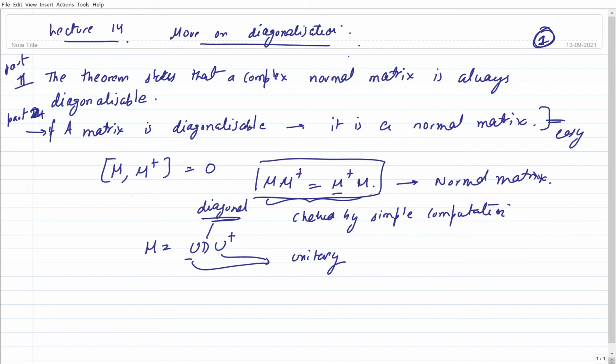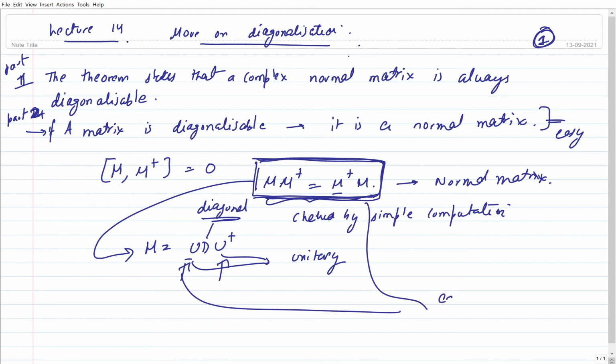Checking the first condition seems a much more convenient way rather than trying to find the U where this form holds. But the theorem says that these two conditions are equivalent.